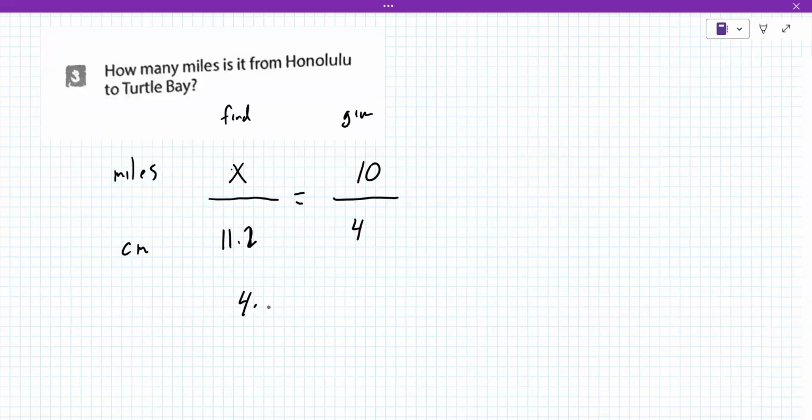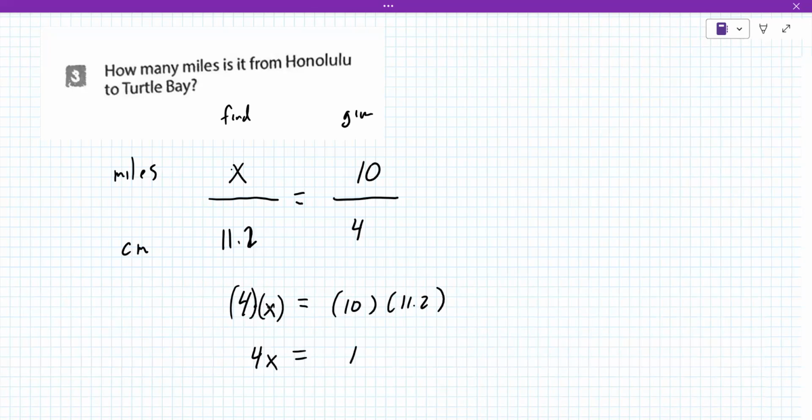So it's 4 times x equals 10 times 11.2. All right, so that's 4x equals 112. And then you've got to divide both sides by 4.